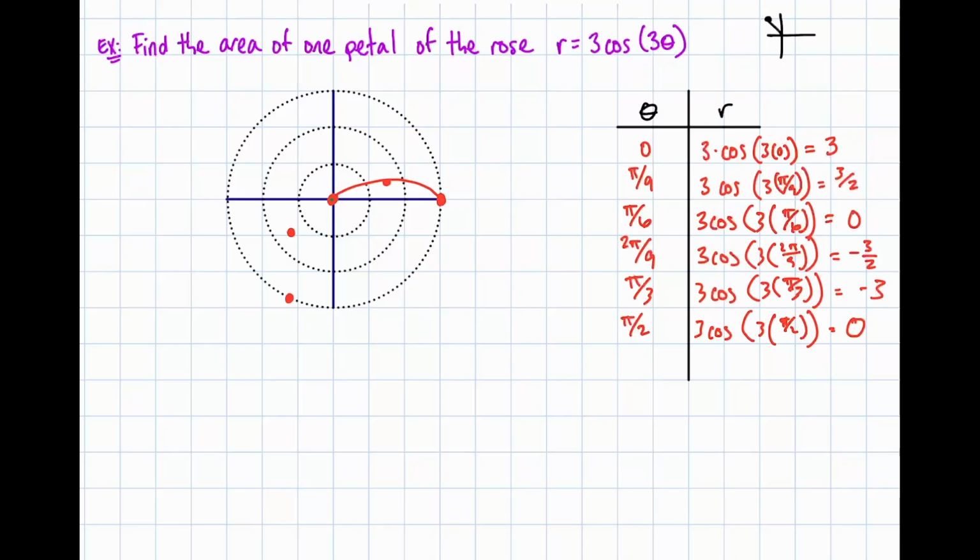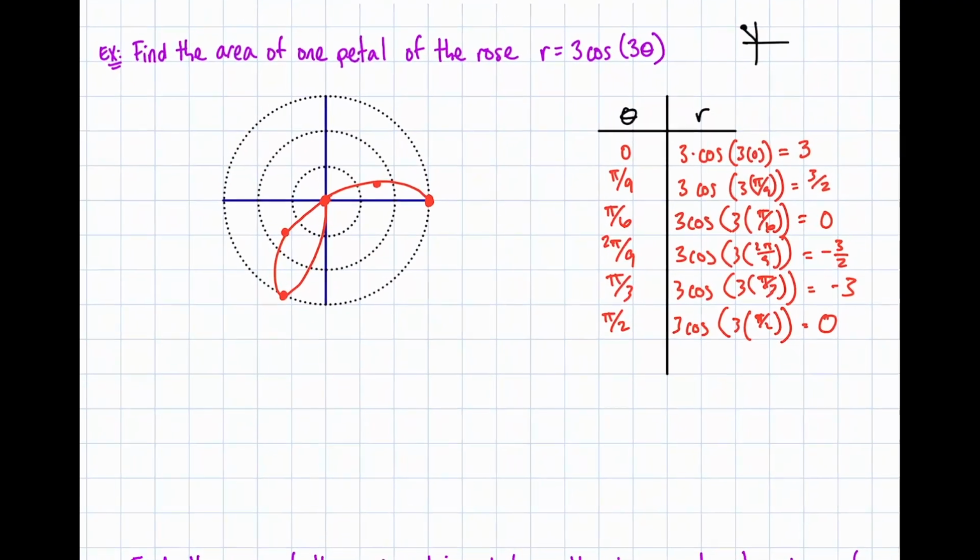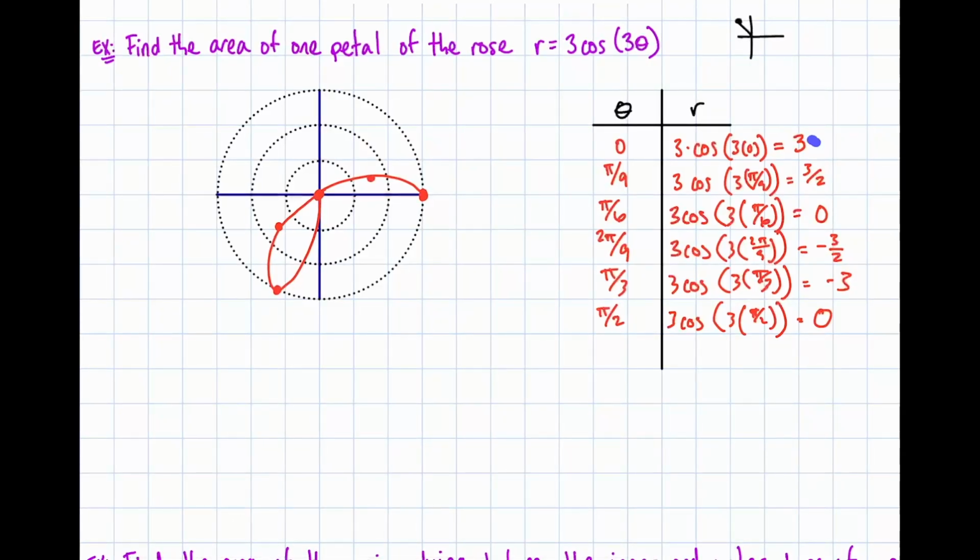So here's my graph. It goes here, it curls around, it comes down here, and then it curls back to the origin. We can kind of see a pattern evolving here with 3 halves, 0, negative 3 halves, negative 3, 0. So I'm thinking I'm going to stop doing this because it's just going to take too much time. So I've gone here, here, here, here. I'm going to wrap back up around here.